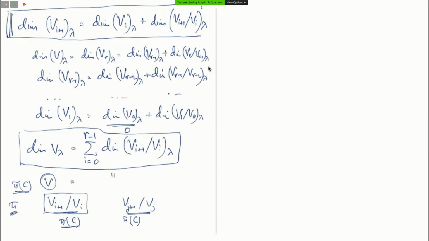So pi is your representation on V and all these V_i's are invariant subspaces. So that's how you get your representation on the quotient space.